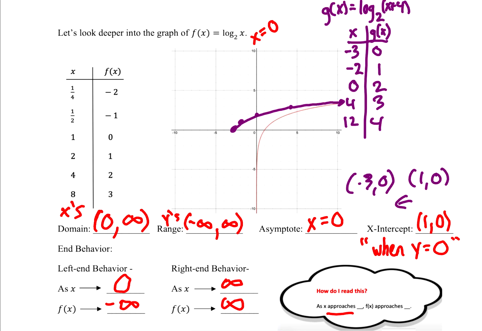If it's moving to the left 4, our asymptote is now going to be at x equals -4. So we're not going to want to cross that x equals -4 line. So that would be g of x.